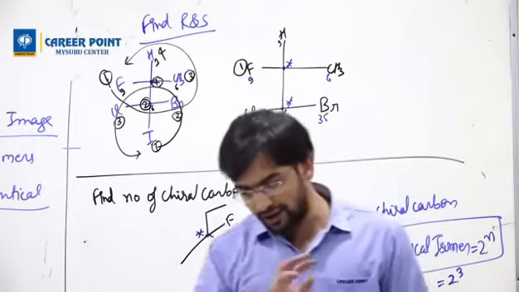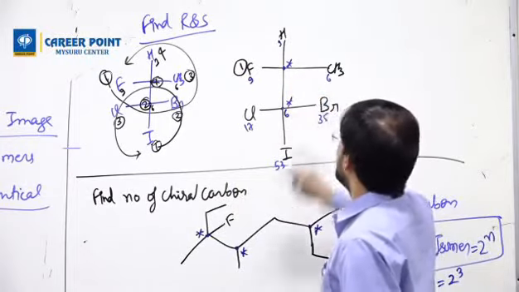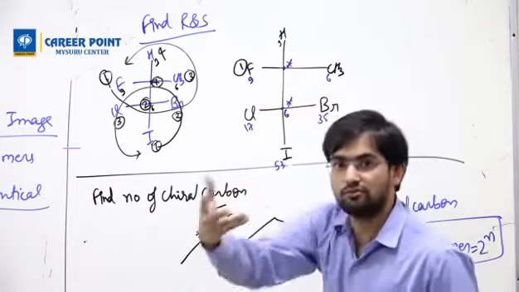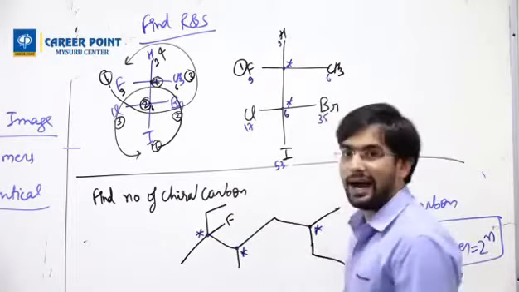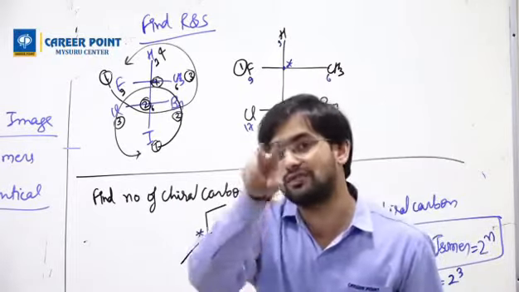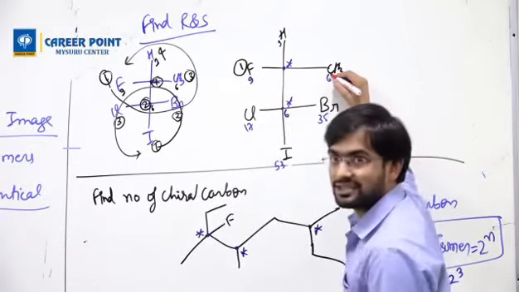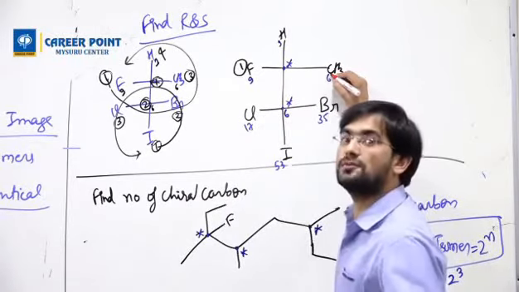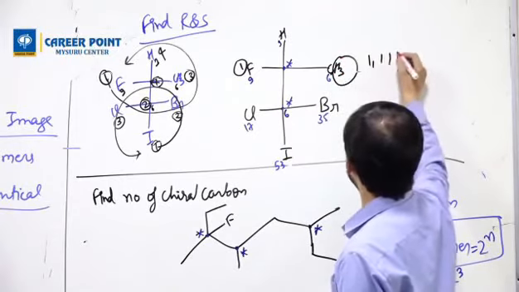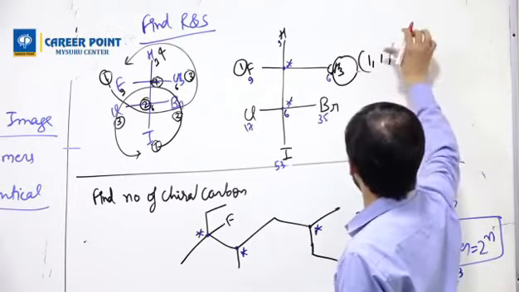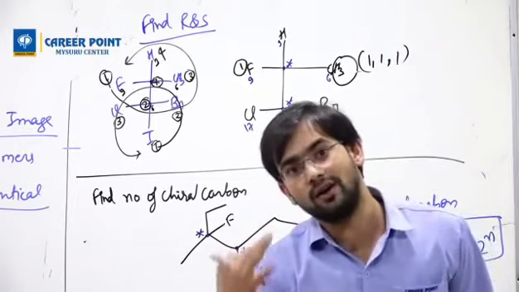First priority, no doubt. Then the second: 6, 6, 1. Out of these 3, 6 must have more priority, but there are two 6s, one this, one that. Then you need to find which of these 6s has the greater priority. After this 6, what groups are connected to it? There are 3 atoms, 1, 1, 1; 3 hydrogens with atomic number 1, 1, 1.